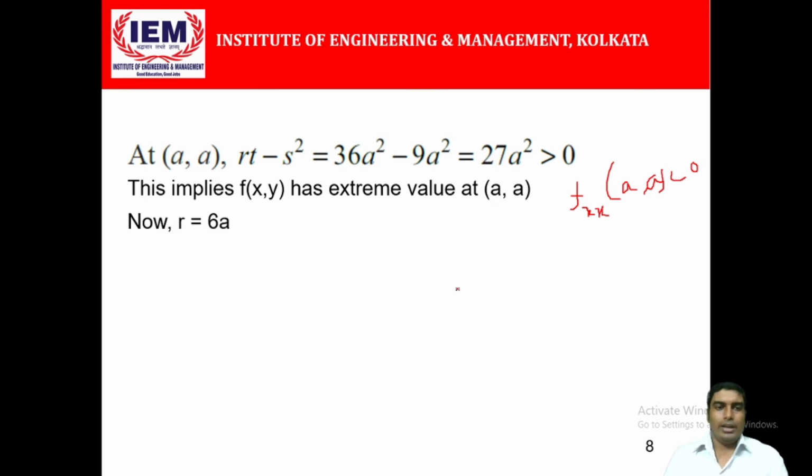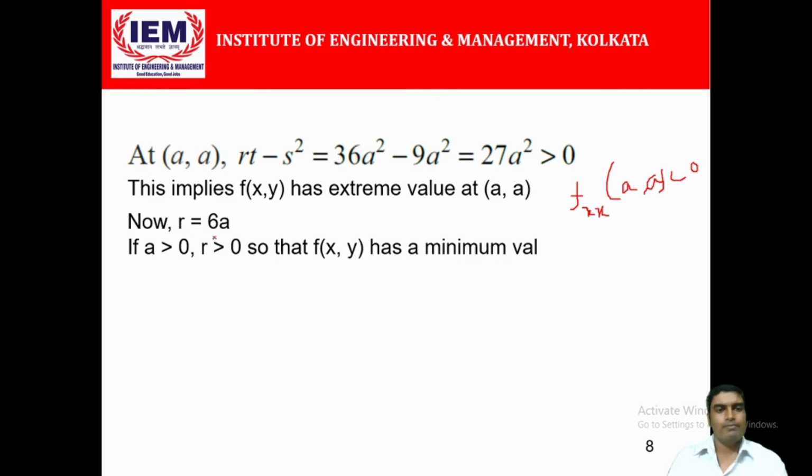Now r is basically 6x, so I cannot put the x and y value because a is constant. Now I don't know what the value of a is. a might be positive or negative. If it is positive, then r will be positive, right? And r is positive, then it says that at that point it has a minimum value.